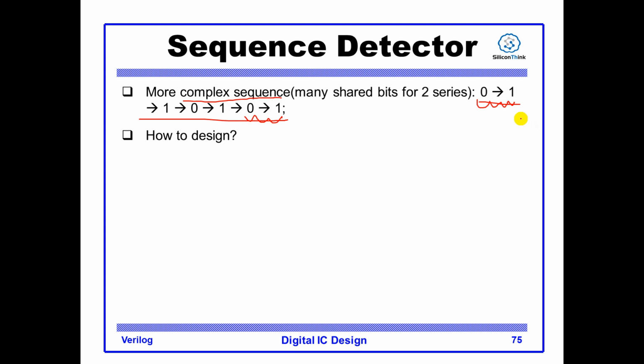So the state transition may be more complex than the overlap of 1 bit. And for some other functions, there may be 3 bits or 4 bits overlap between each group. Then it will be much more complex. So how to deal with these situations? Yeah, how to define the finite state machine?